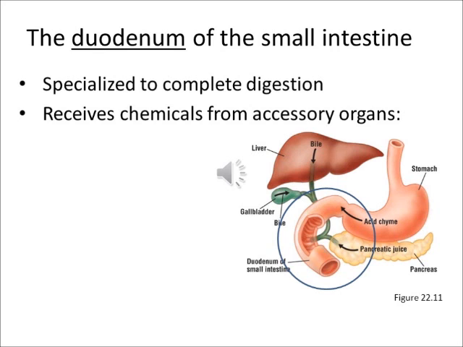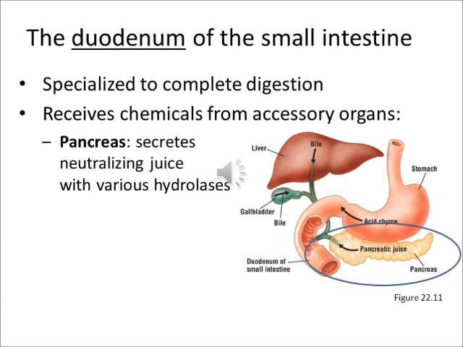So the first order of business in the duodenum is to neutralize the chyme, that is, bring up its pH. The pancreas then secretes chemicals that do in fact neutralize the chyme so that it doesn't damage the tissue of the small intestine. The fluid of the pancreas also contains a variety of enzymes, specifically hydrolases, that are used to complete chemical digestion of carbohydrates, proteins, and fats in the chyme. We'll look at these enzymes more closely in a minute.